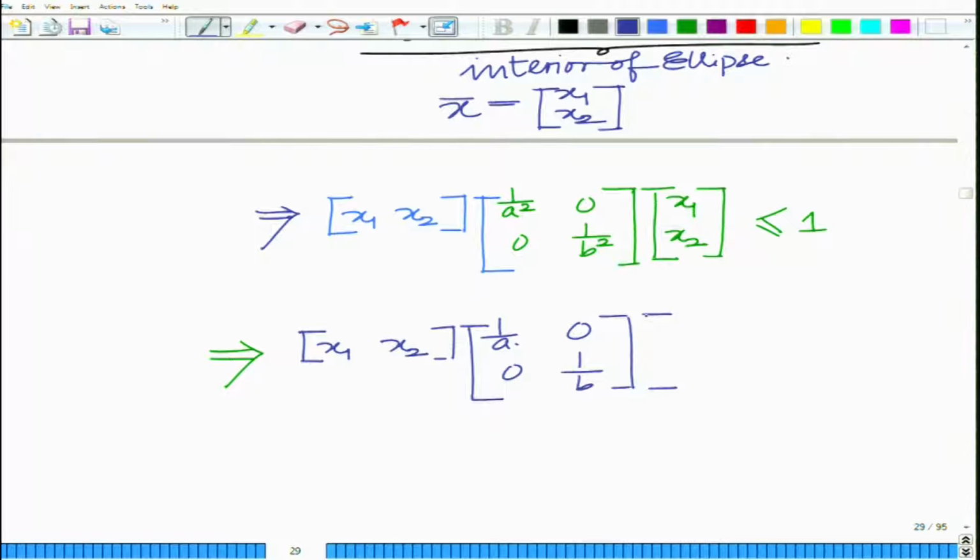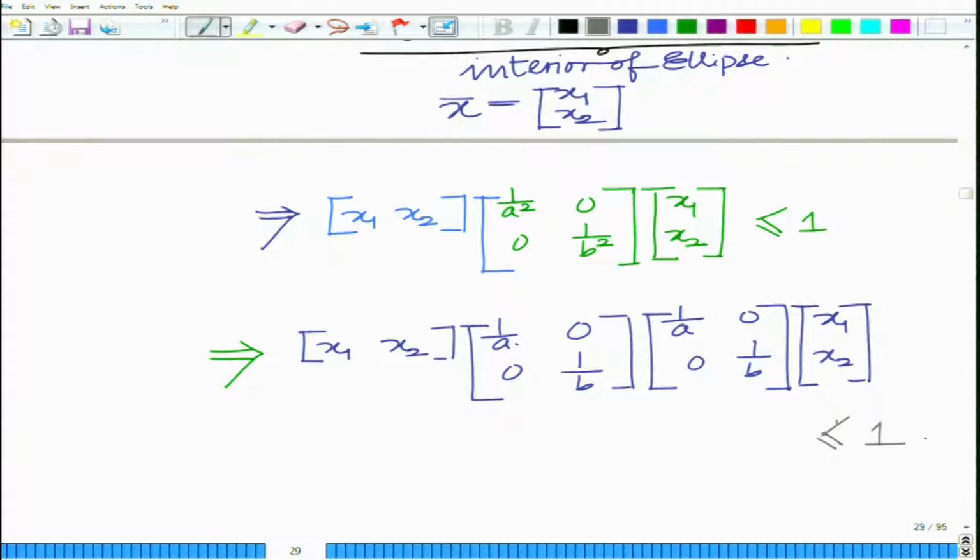The matrix multiplied by itself will give me 1 over a square and 1 over b square. So, 1 over a, 0, 0, 1 over b into x1 x2 is less than or equal to 1.